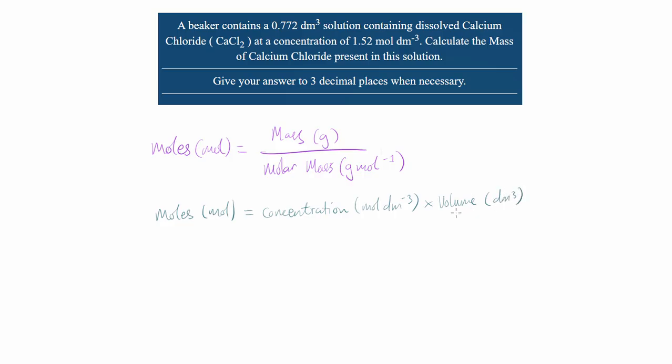Now what I'm going to do is equate both sides, because the moles would be the same. The moles of calcium chloride here is the moles of calcium chloride there, so I'm going to equate these two.